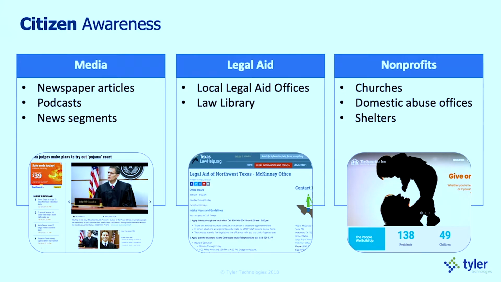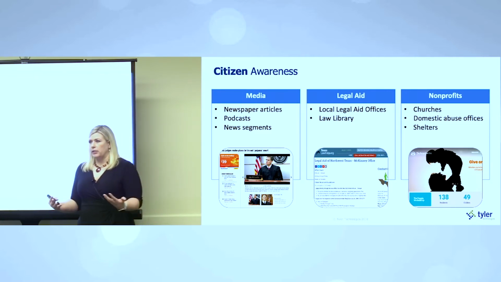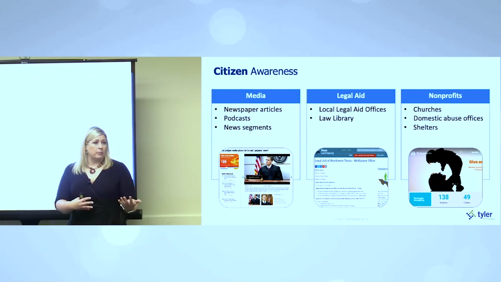So some of the nonprofits that help, whether it's shelters or the churches or anything that kind of helps people that are going through the legal process. The more people that are aware of this, the better your results are going to be, because they're going to help encourage that process. If they understand what it is and what the impact could be, they'll really help.